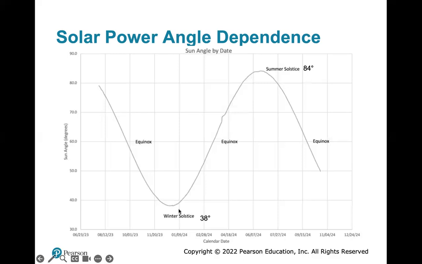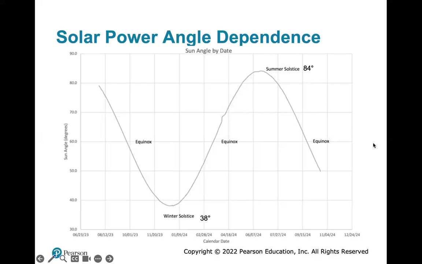Now look at the winter. During the winter solstice, the sun angle is at 38 degrees. So we've got a lot less energy coming in during the winter than during the summer.